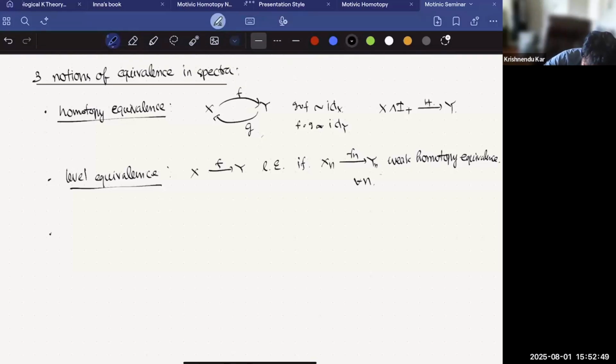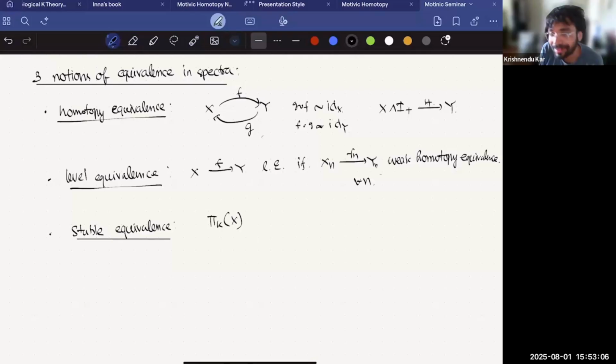The third one is the one that will be of interest to us, the stable equivalence. For that, I need to define the stable homotopy groups. So the stable homotopy groups of a spectra, these are basically the homotopy groups of a spectra, is that we look at the homotopy groups on all the space levels and take their colimit.